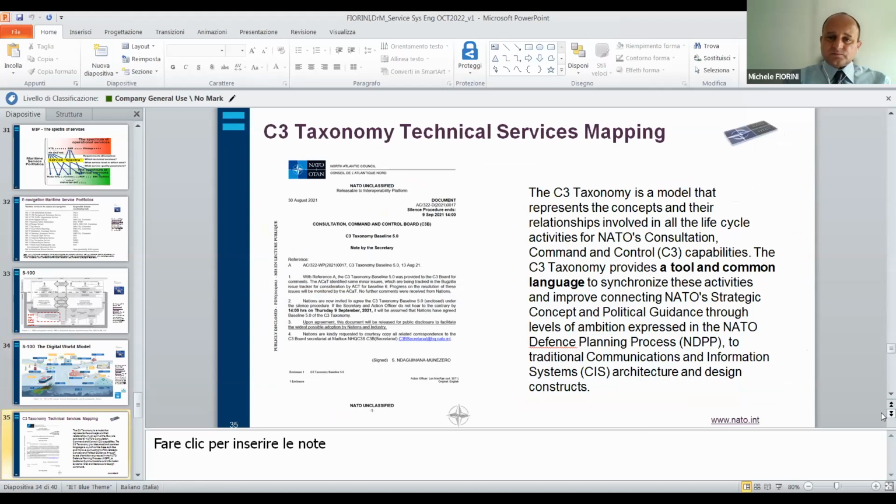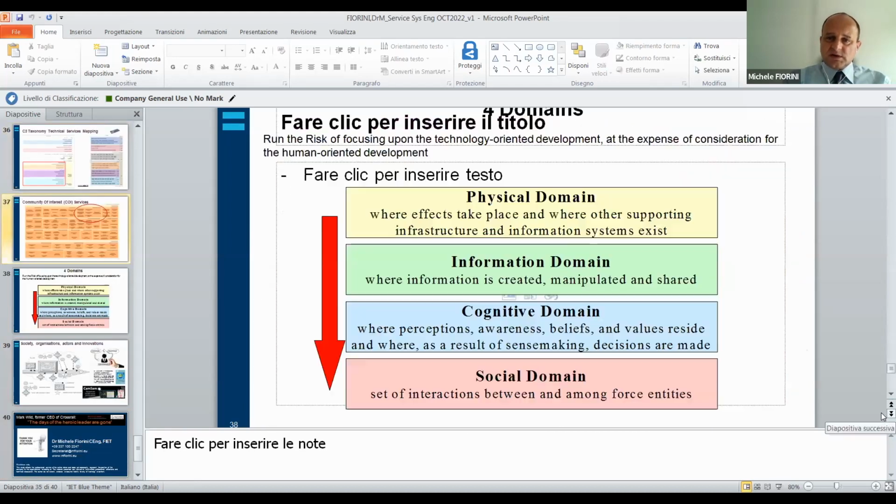And finally, the three levels of domains that I mentioned before, because when we talk about autonomous and we talk about services as part of the autonomous, the technology may be ready, but the implementation in the real world needs to include all the domains that we already mentioned, because there is a human aspect that sometimes has to be overcome in order for the technology to be really effective in the real world.